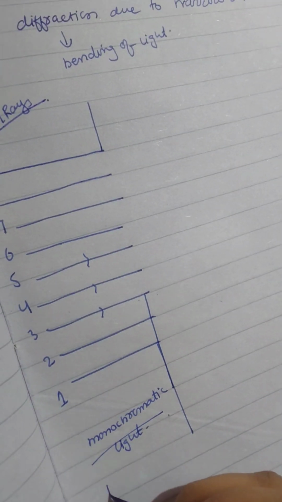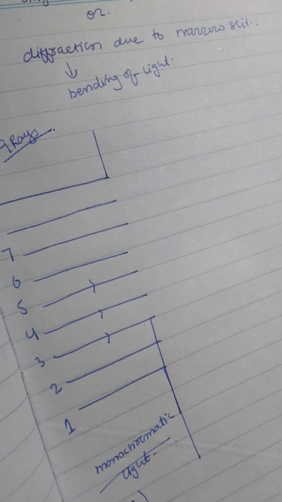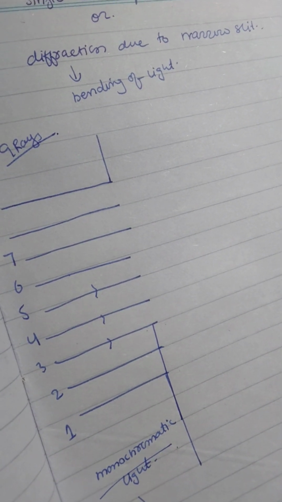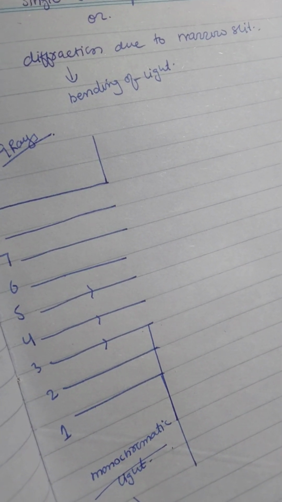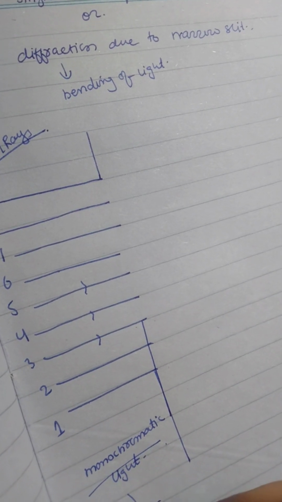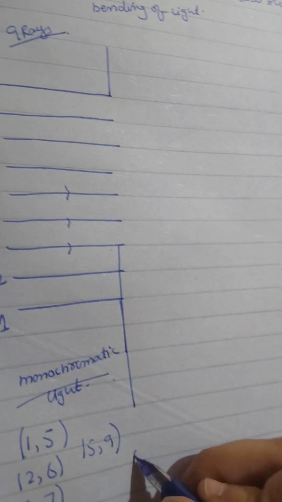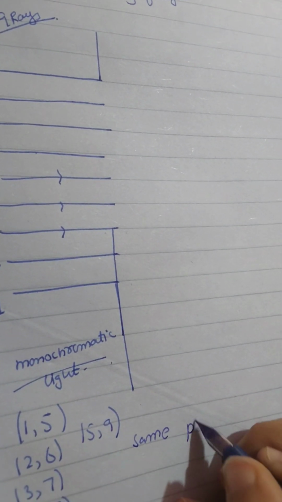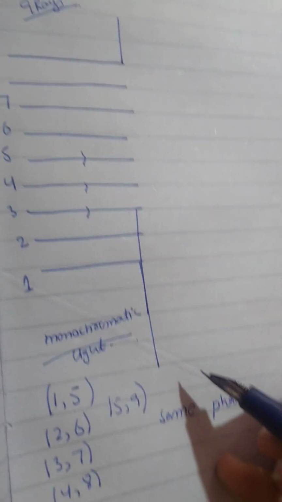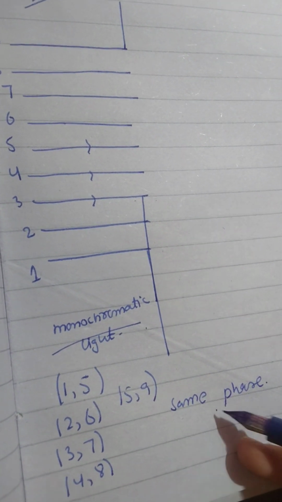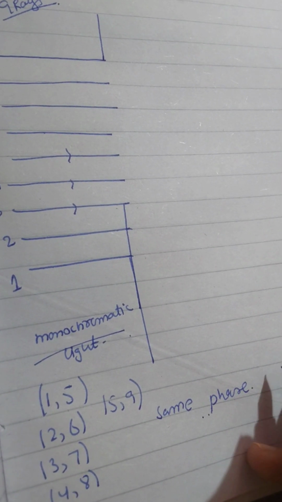So in this 1 and 5, 2 and 6, 3 and 7, 4 and 8 and 5 and 9, basically they have same phase, right? And these all 5 pairs have same phase. Now what does that mean, that they have same phase?